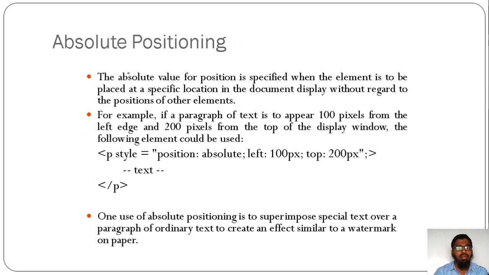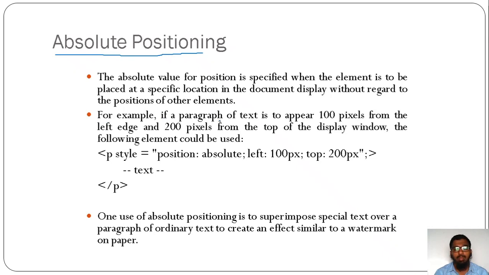Absolute means the absolute value of the position is specified where the element is to be placed. In the whole website, where do you want to display your image, your text or anything, for that we will use absolute positioning.